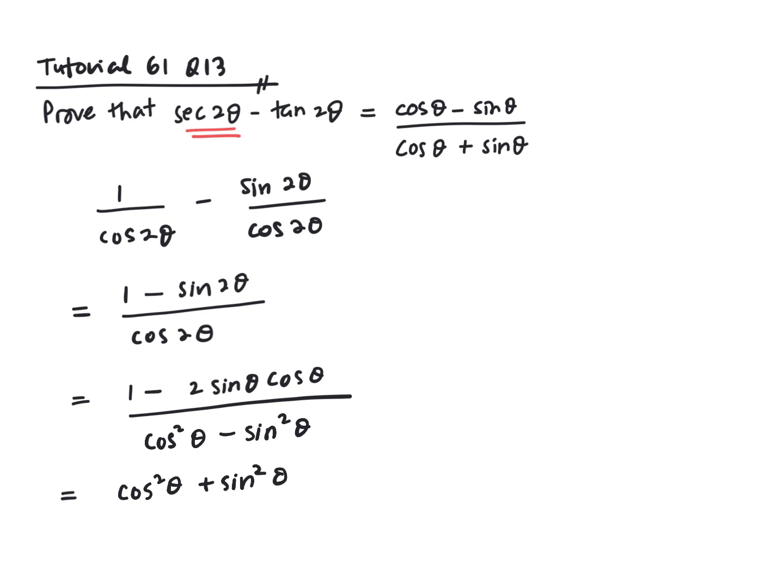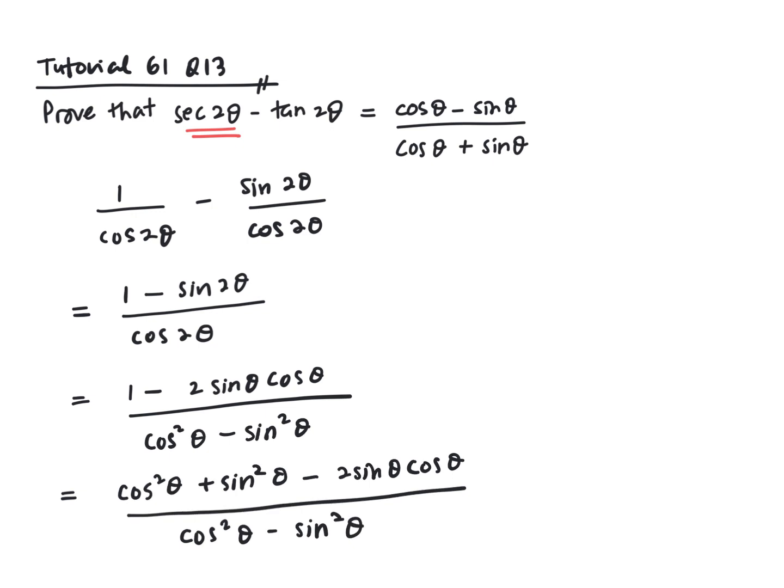So we can use this, minus 2 sin theta cos theta, divided by cos square minus sin square. Next should be the factorization or simplification of the numerator part.